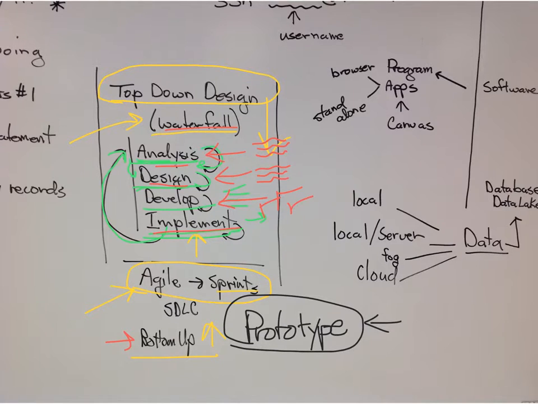Then you make adjustments to it. So you go through these same phases, but you go through them quickly, get a prototype, and then you reiterate that. So it's kind of like bottom up. You build while you design, and so forth.